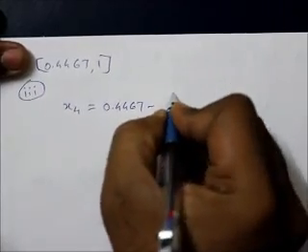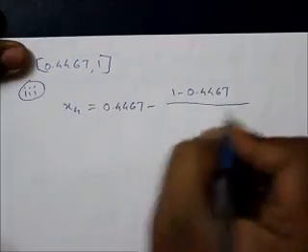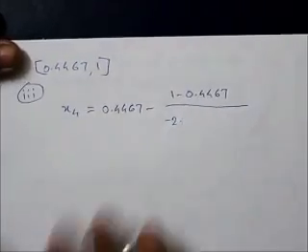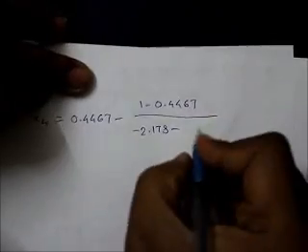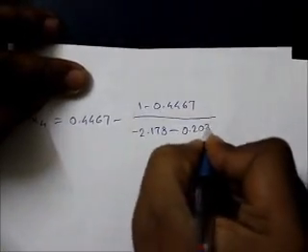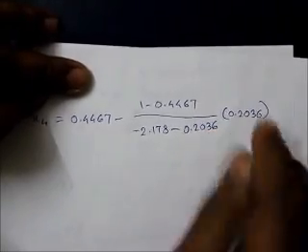x4 is going to be 0.4467 minus (1 minus 0.4467) divided by (minus 2.178 minus 0.2036) multiplied by 0.2036.